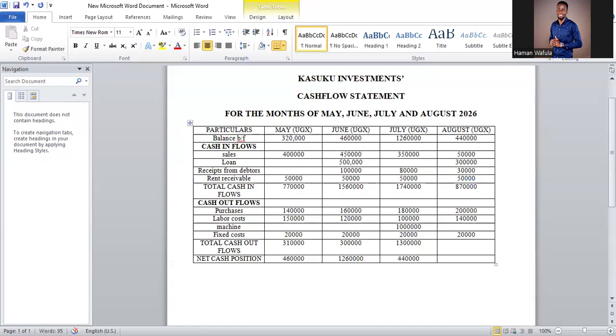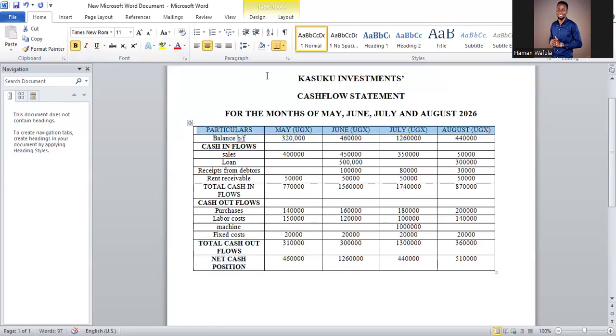And total cash outflows for August will be 200,000 plus 140,000 plus 20,000, making it 360,000. So when you subtract total cash inflows minus total cash outflows, our net cash position will be 510,000. So with that, our cash flow statement will be done.